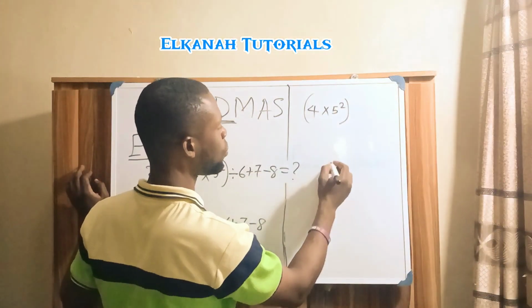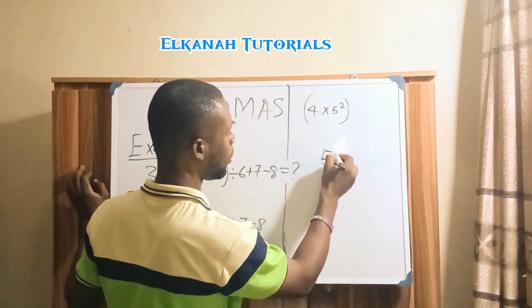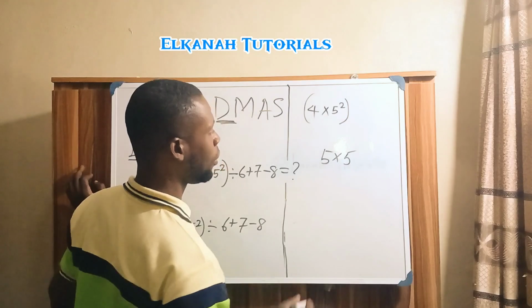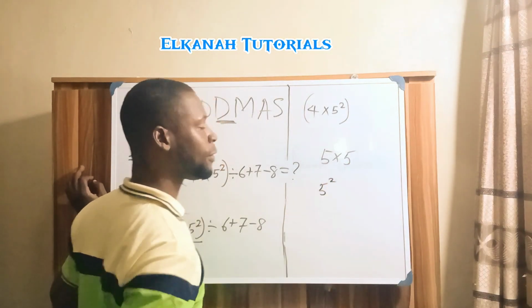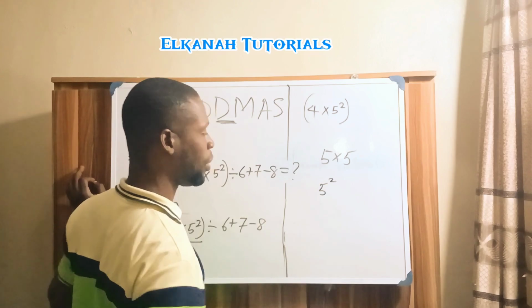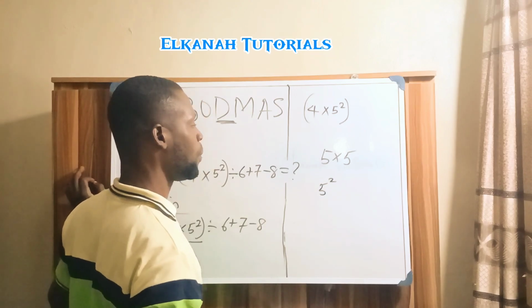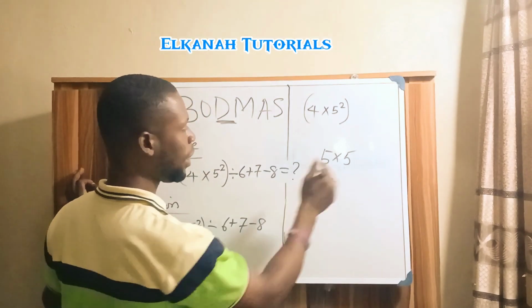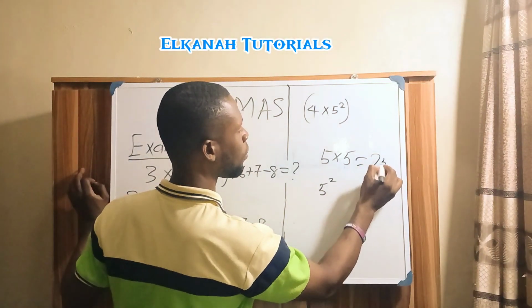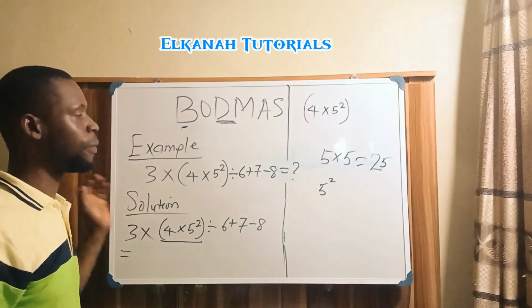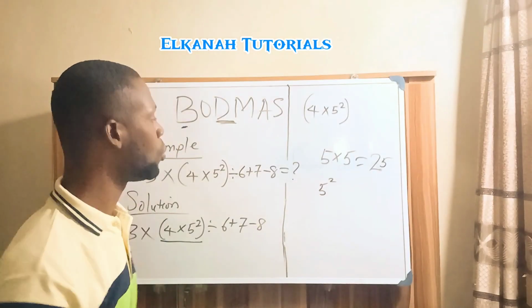5 raised to the power of 2 simply means 5 times 5. So instead of writing this form, you can write it in the short form like this, 5 raised to the power of 2 or 5 squared. So 5 times 5 is equal to 25.